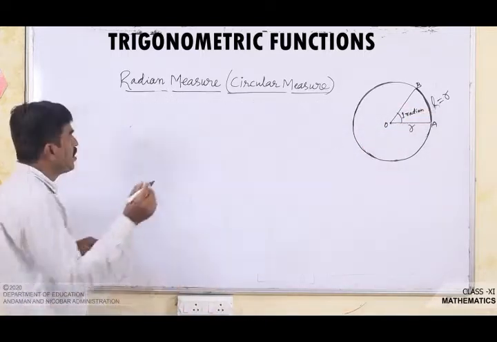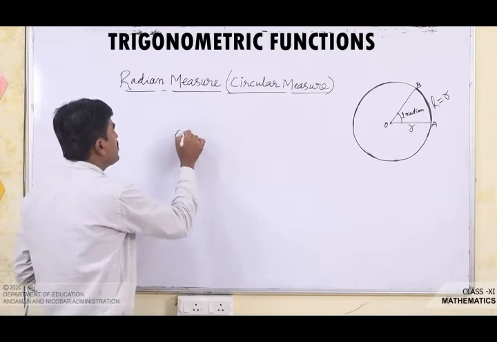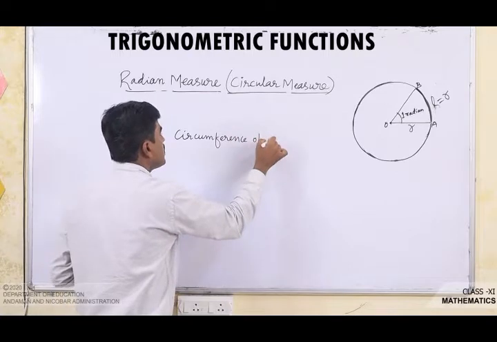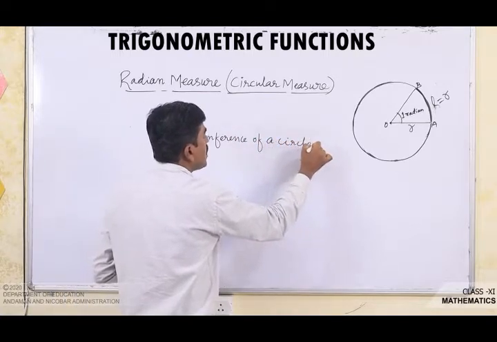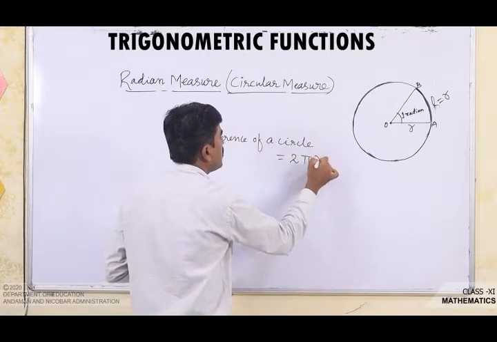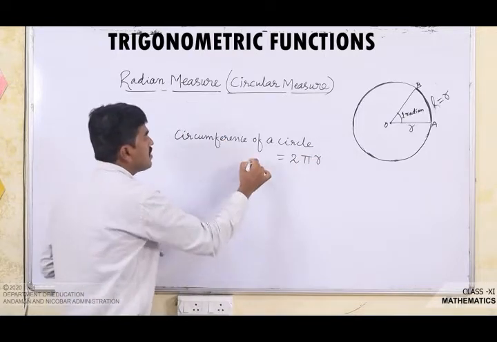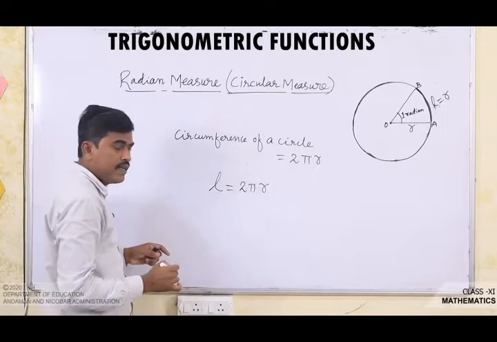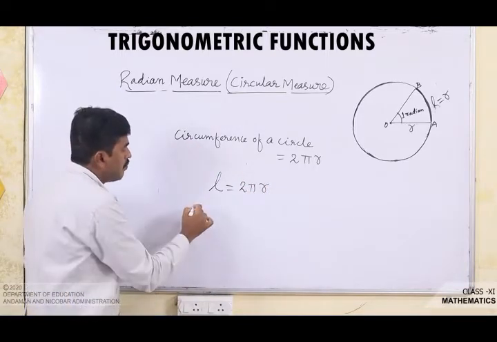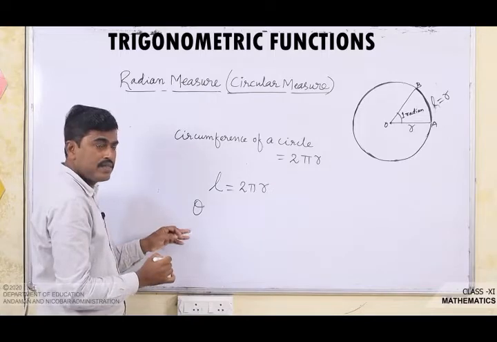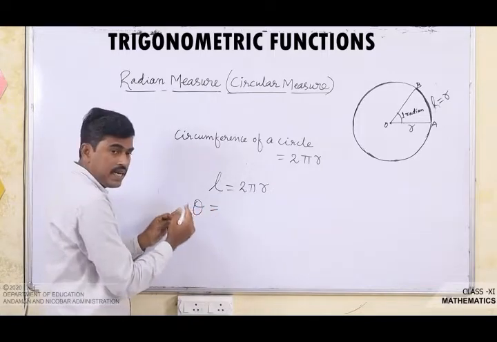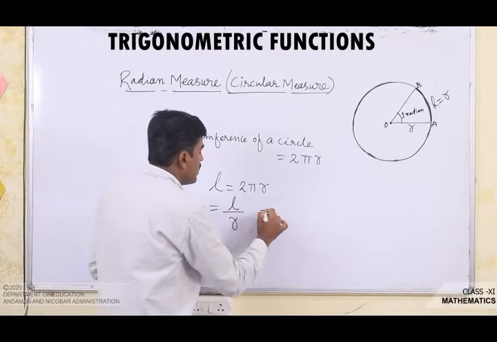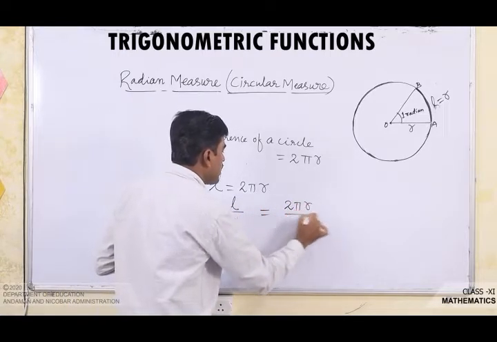Now we know that the circumference of a circle of radius r is equal to 2 pi r. If we take the length of the arc as 2 pi r, then the complete circle makes an angle of theta radian at the center, given by theta equals l by r, so it is 2 pi r divided by r.